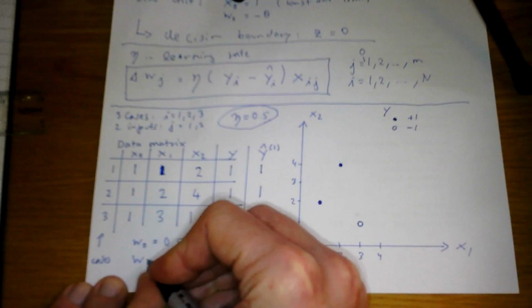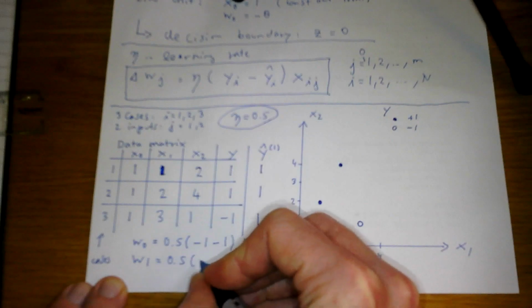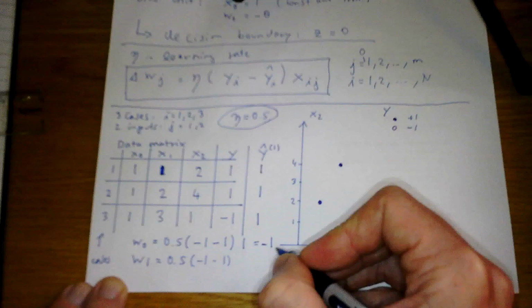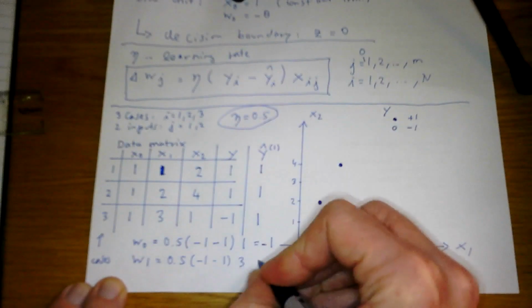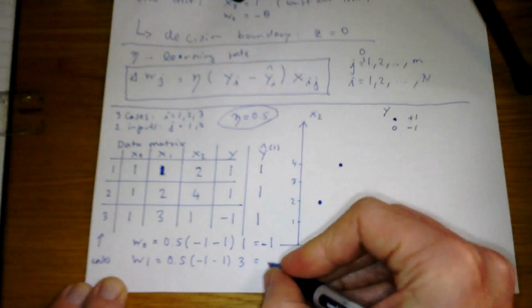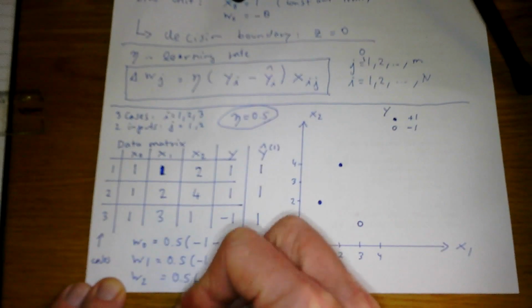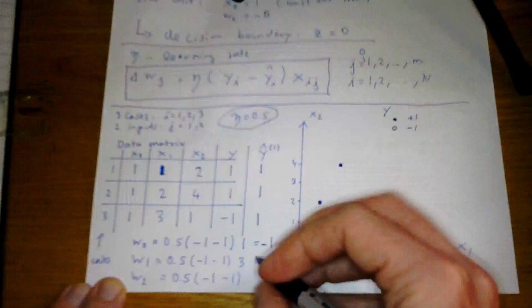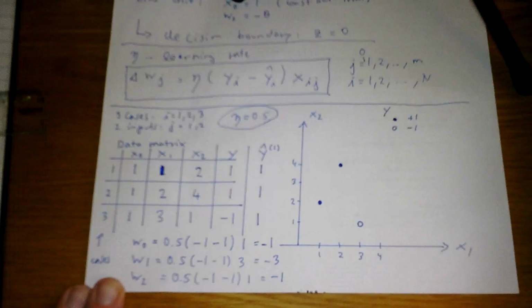Then I have a W1 here, which is also 0.5, and again we have -1 minus -1, and we have the value of x1 in the third case equal to 3, so we get a -3. And we have a W2 which is 0.5, again -1 minus -1, times 1, and we get a -1.